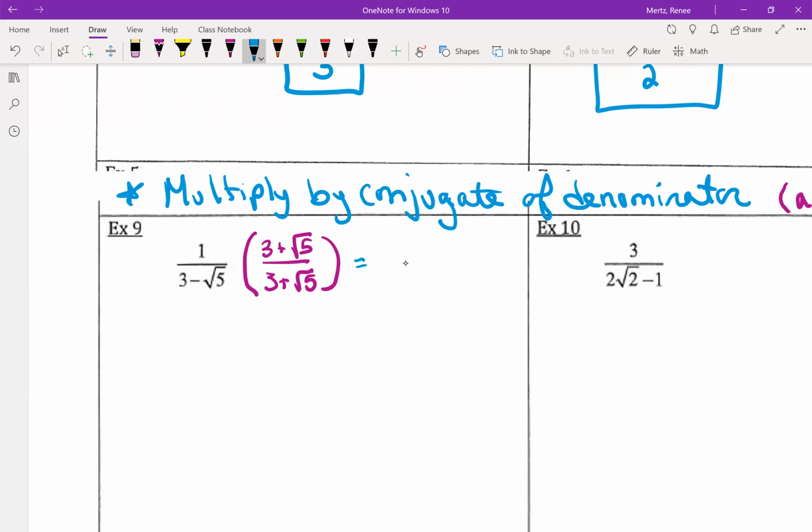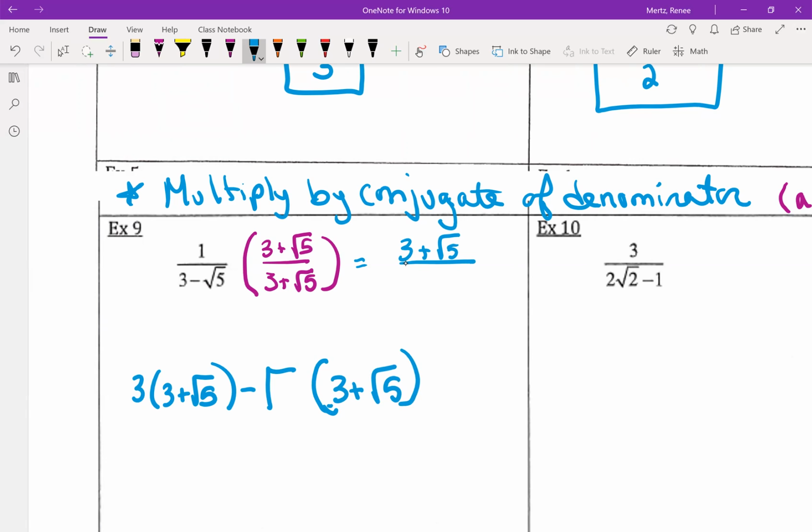So the top becomes 3 plus radical 5. The bottom, so let's just double distribute this real quick. All right, so 3 times 3 is 9.